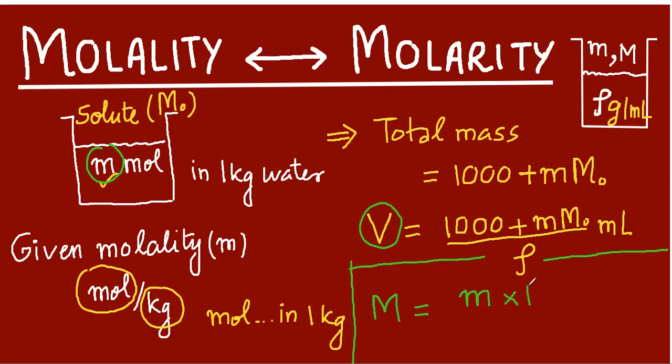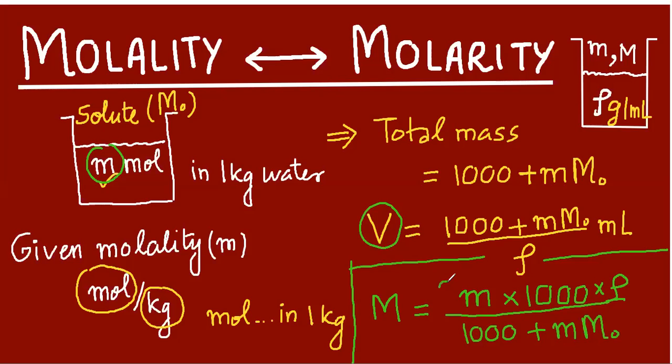Moles of solute into 1000, and then you divide by volume of solution, which is this expression. You see, the denominator will come into the numerator, so density will bounce over here, and the denominator will contain 1000 plus m into m naught.